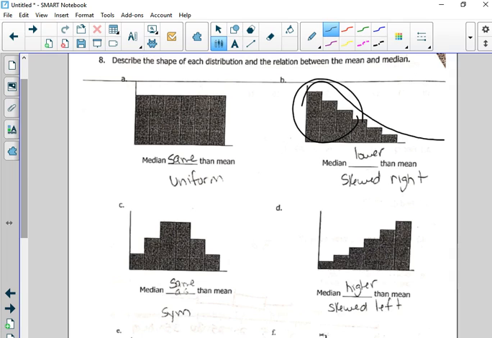Symmetrical, they're exactly the same. Right down the middle, mean and median. And here, most of your data is here. Follow the tail, skewed left. Therefore, the median is higher than the mean.